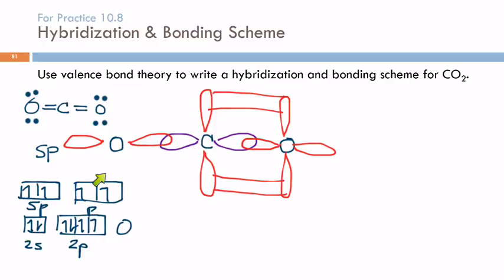Now, the carbon has one more unhybridized p orbital, and that one sticks out. So if this is the y-axis and this is the x-axis, this is the z-axis, the in and out, right? And this oxygen also has an unhybridized p orbital on the z-axis, and those can overlap side to side.